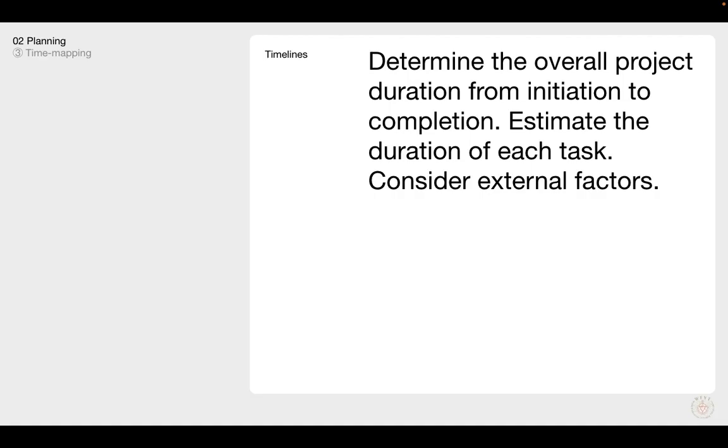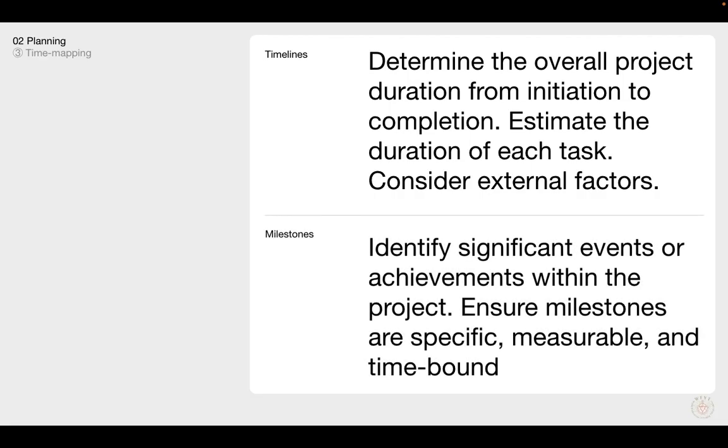So that's on timelines, but also timelines ultimately inform major milestones in your project, which are also equivalently important, I would say, because these are basically markers to identify significant events or achievements within the project.